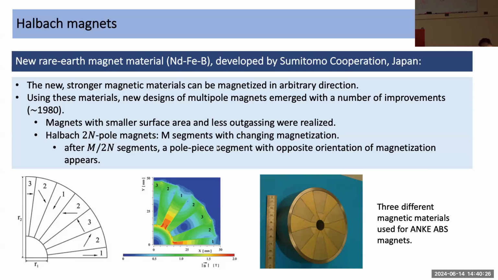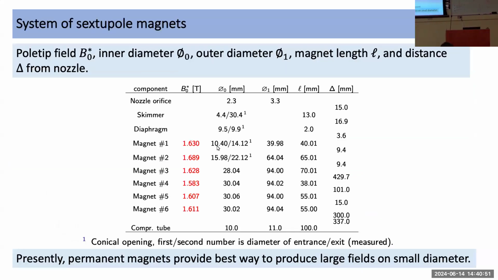So these 1, 2, 3 are different magnet materials which either have a higher coercive force or a higher remanence, depending on how the field calculation showed us the internal field inside this element would be. So this is the design, which is still, I think, probably the best 6-pole magnet design that is currently available. And that's just a table of the dimensions.